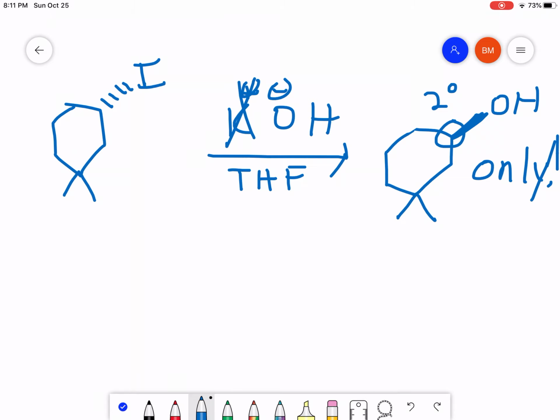If this is an SN2 reaction, the OH is coming from the backside of the iodide as it leaves, then the OH must be pointed in the wedge direction. So these are the kind of things that you think about whenever you're doing synthetic pathways. You've got to figure out some of these little nuances.